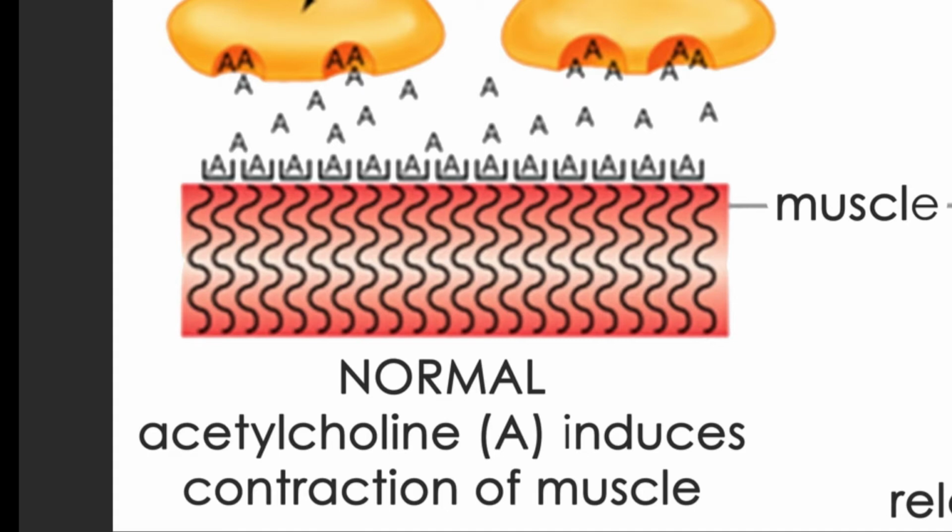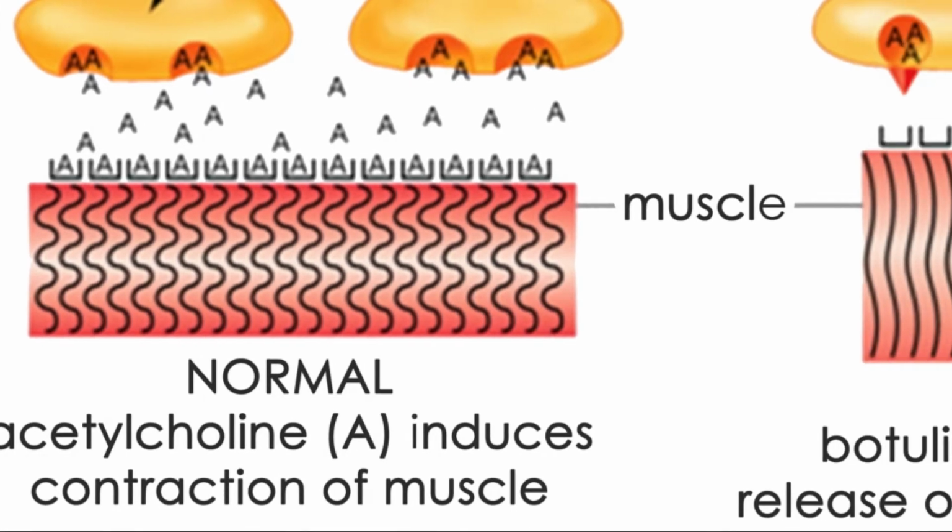And it does that by releasing a neurotransmitter called acetylcholine, which is listed there as little capital A's. Those A's are released from the neuron. They attach to the muscle, and that kicks off a series of events which results in muscular contraction. So the brain says contract, the muscle contracts.